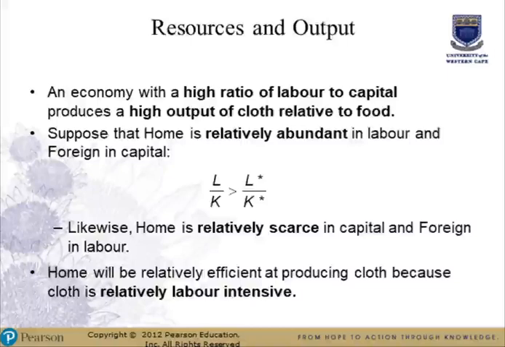The above expression reflects that home will be relatively efficient in the production of cloth since cloth is labor intensive. Hence, home will produce a higher ratio of cloth to food. Likewise, foreign will be relatively efficient in food production as food is capital intensive. Hence, foreign will produce a higher ratio of food to cloth.